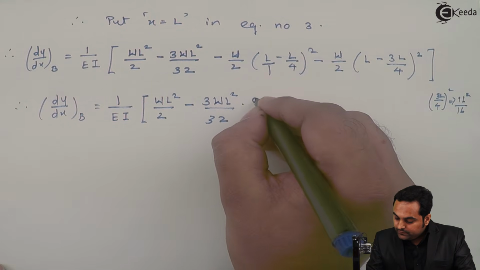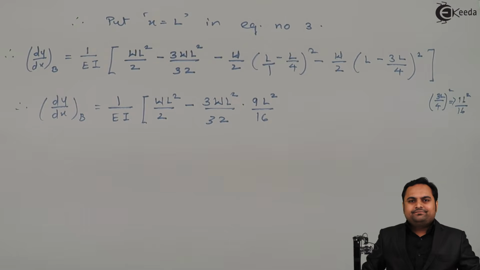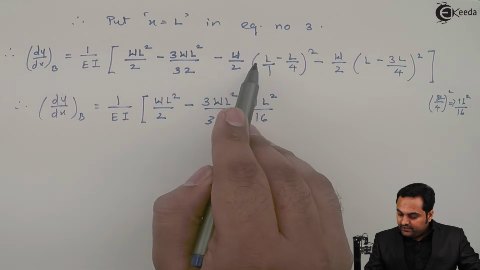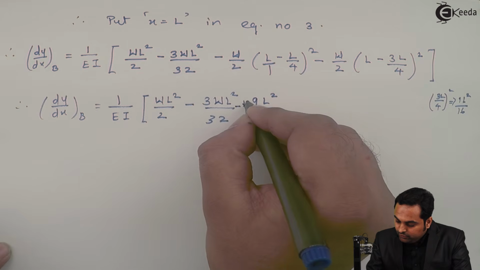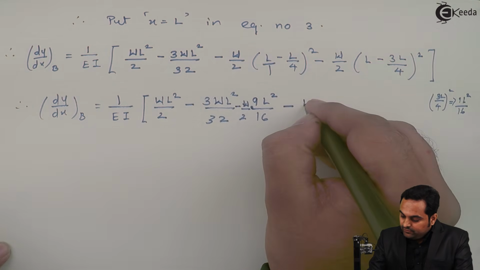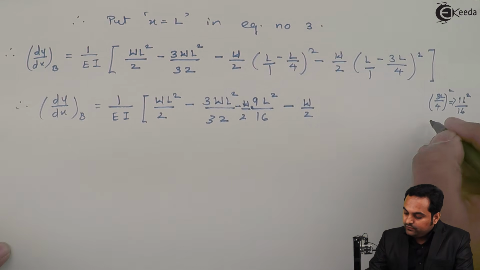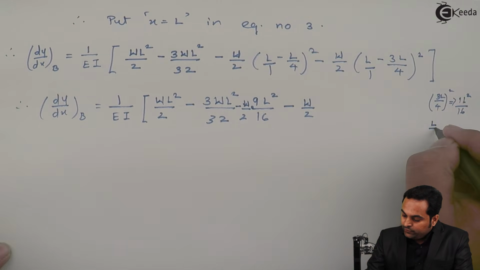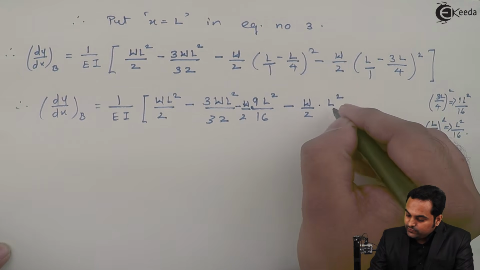So into 9L square by 16. So now here I have written the value of this bracket, and outside this bracket we have W by 2. So this is minus W by 2, and here we have minus W by 2 again. Simplifying this, here this will be 4L minus 3L, which is L by 4 square. So that becomes L square by 16. So here I have L square by 16.